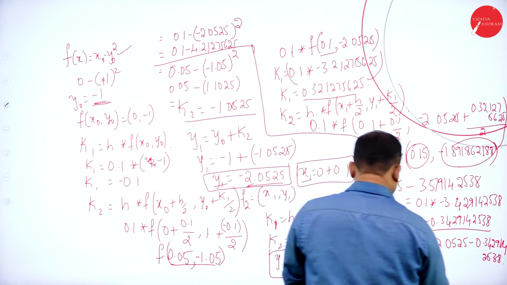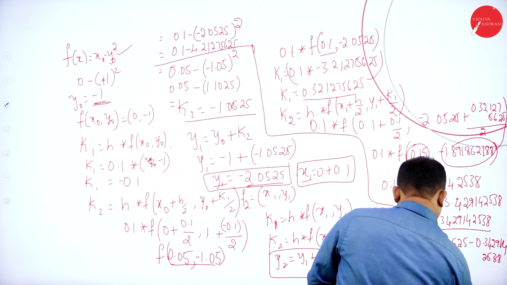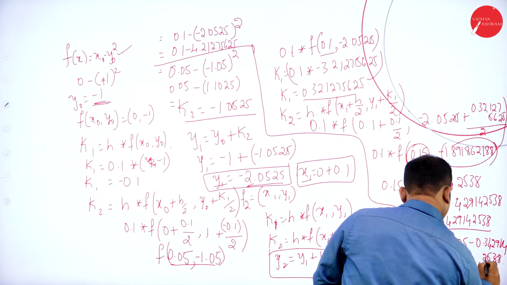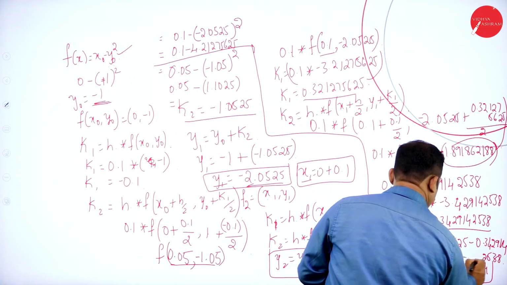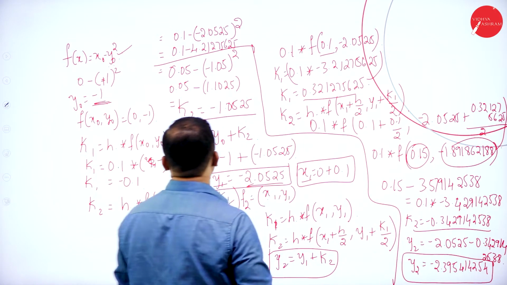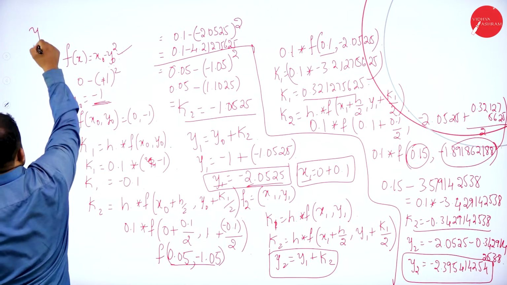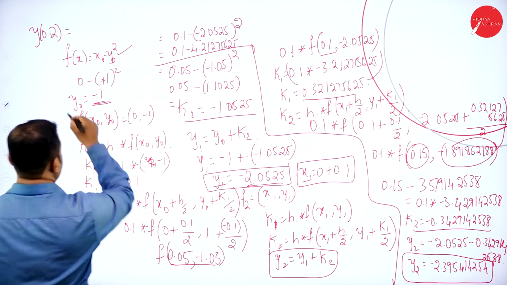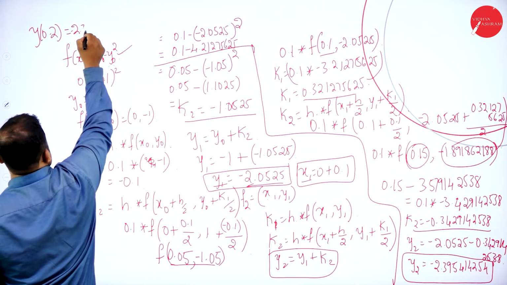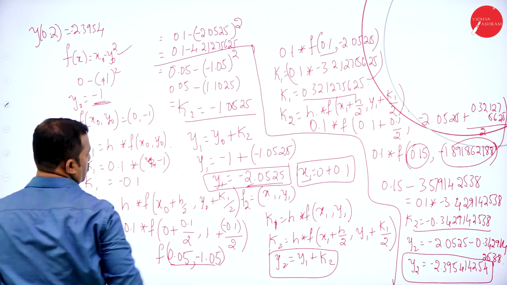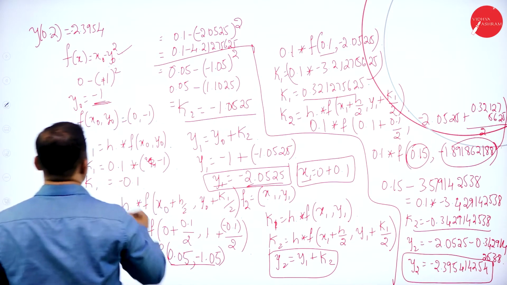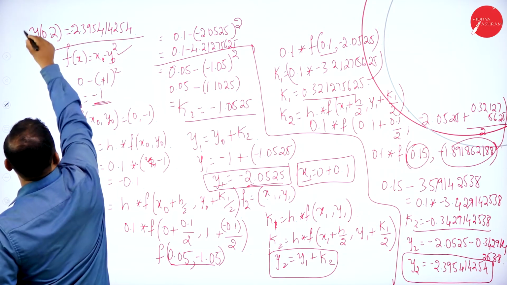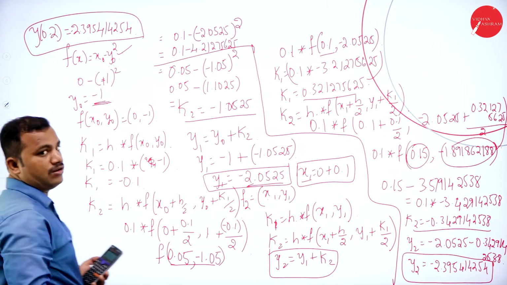Y2 is equal to minus 2.39541424. This is the final solution, that is the value of Y2. That means the value of Y2 is equal to Y of 0.2. That is the value, minus 2.3954. So this is the value I am getting now. So this is the value of Y2.